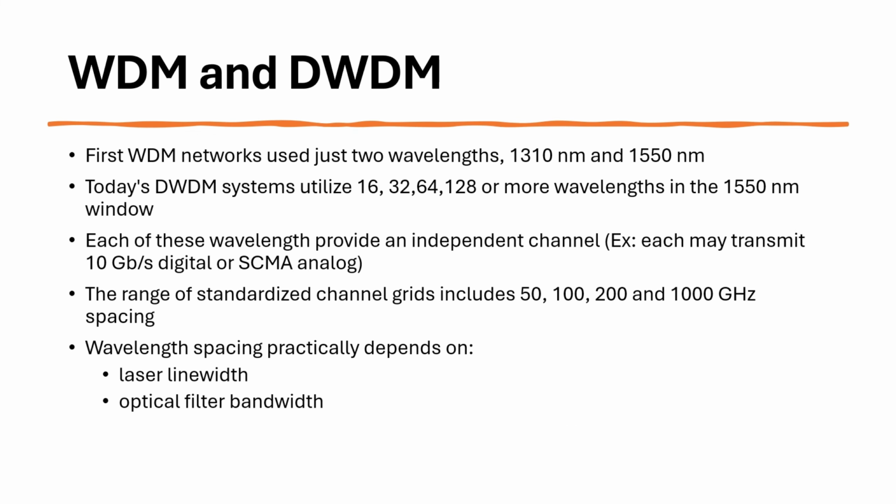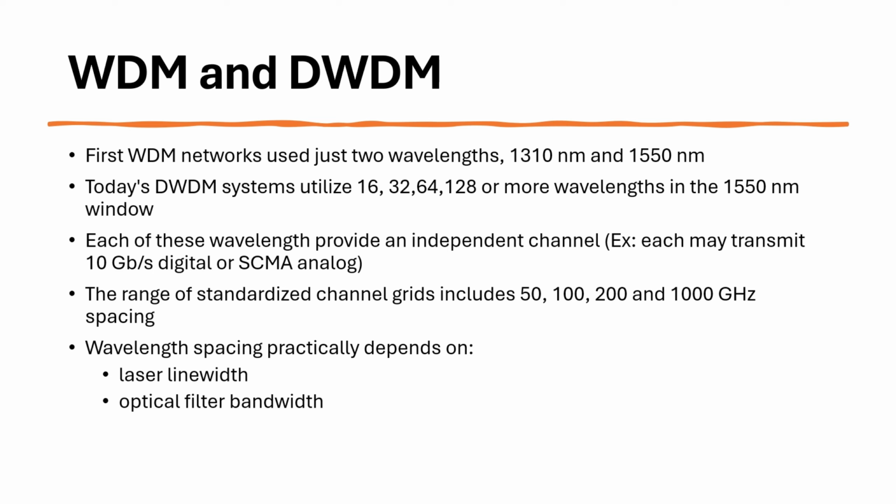The first WDM network used two wavelengths, 1310 and 1550 nm. In today's WDM systems, we can utilize 16, 32, 64, 128 or more wavelengths in the 1550 third window. Each independent channel can transmit 10 gigabits per second, which is the minimum speed; we can increase that speed using different precise devices.